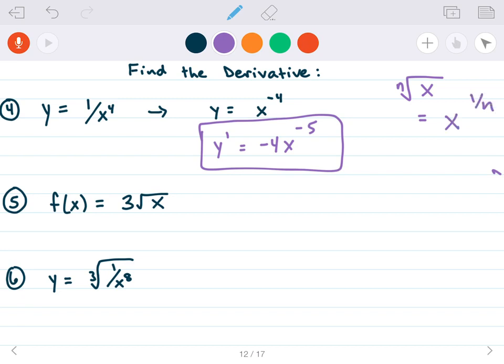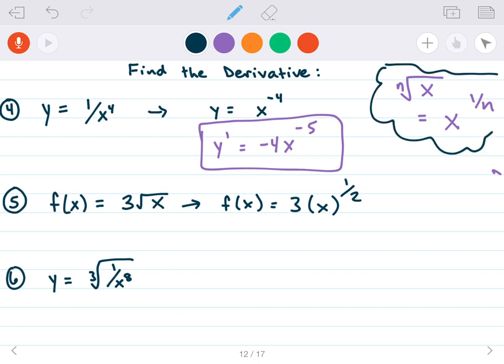Okay, so that's a fact that you probably learned a while ago in Algebra 1 or Algebra 2. So, with all of that being said, I'm going to rewrite this thing as 3 times x to the, well, when we don't have a number in the index, it's understood to be 2. So this is x to the 1 over 2 by this formula right here.